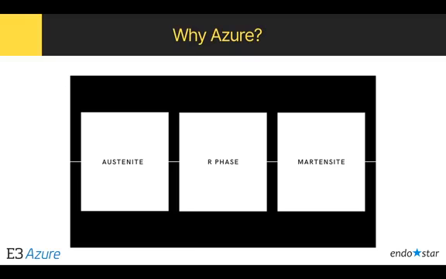Now we all know nitide exists in two interchangeable states, the austenite and the martensite. During phase transformation, the nitide undergoes an intermediary phase known as the R phase. Most files available today are a mixture of these three phases in different content.